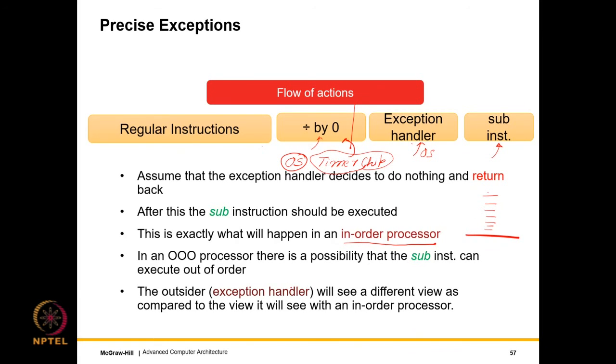So what we want is for all external agents, which is anybody sitting outside the processor, to look at the processor and not be able to say whether it is out of order or in order, which means that internally an out-of-order processor can do whatever it wants, but externally it should appear to be as if it is an in-order processor.